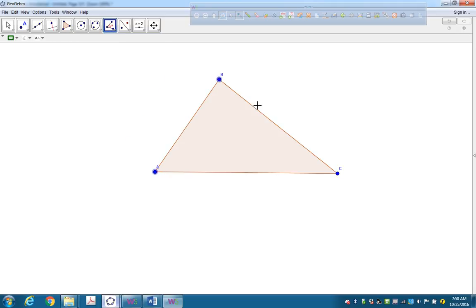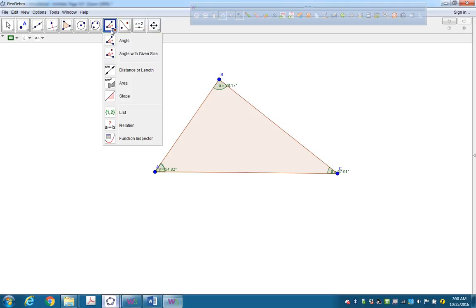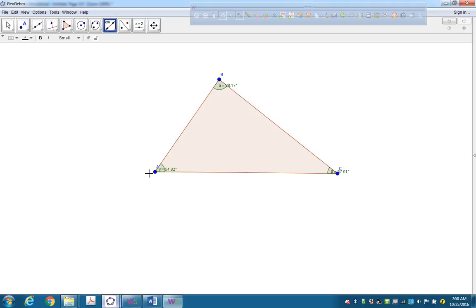Boom, boom, boom, boom, boom, boom. Then measure the sides. Measure the sides. You could just click on them.